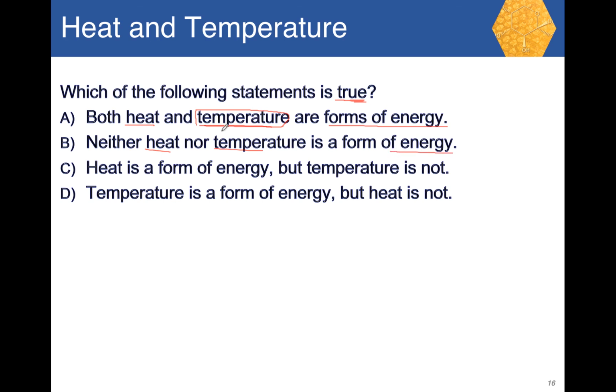Another problem here because we know that heat is a form of energy from definition. Heat is a form of energy, but temperature is not. That sounds like it could be reasonable, but let's go on to the last choice. Temperature is a form of energy, but heat is not.